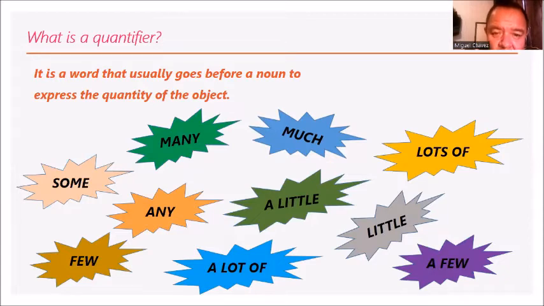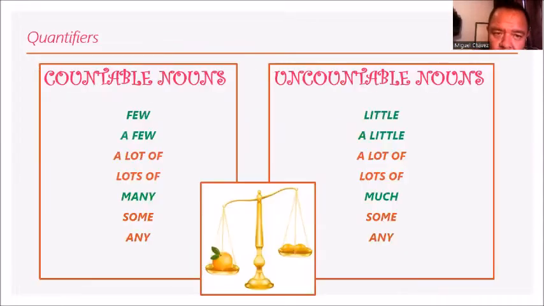The most common quantifiers that we can find in English are many, much, lots of, some, any, a little, little, a few, a lot of, or few. We need to divide them in two categories.